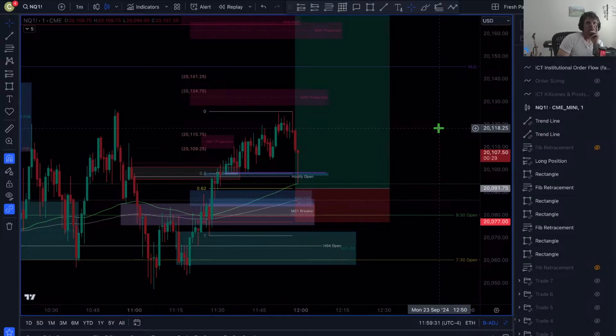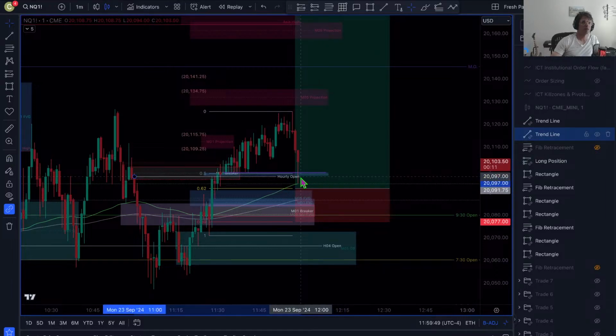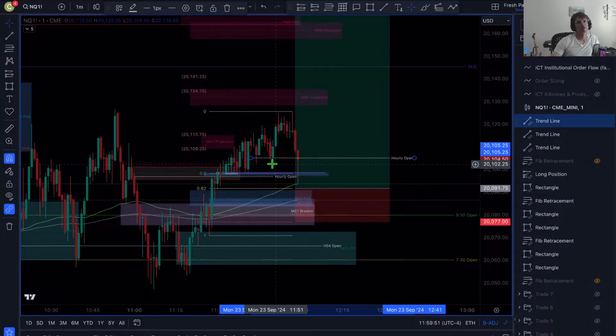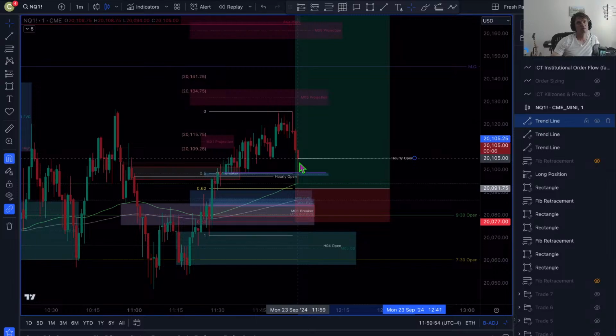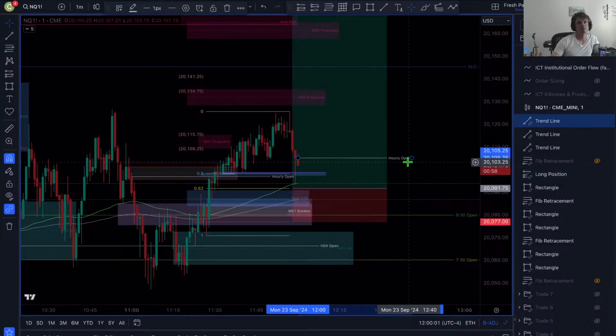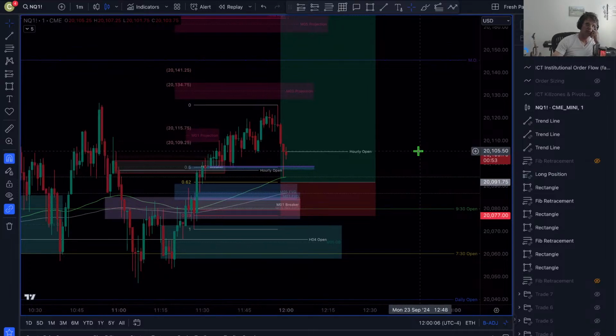I like that we haven't hit the M5 projection yet. You're effectively going to get this next open right here. It sweeps down and knocks me in.